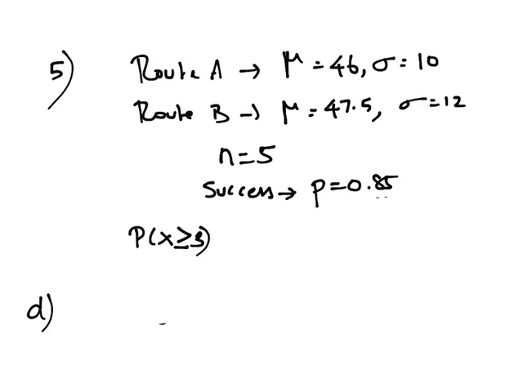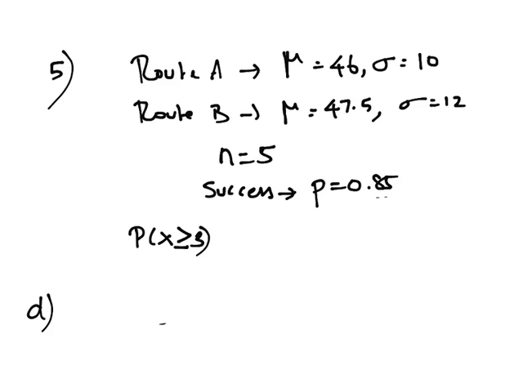Whether the van reaches the destination on time or before time is not going to affect the next day's event. So the trials are identical and independent. And the fourth one is that the probability of success remains the same. The probability of the van reaching the destination before 60 minutes if it takes route B is always 0.85. So definitely it is a binomial distribution.